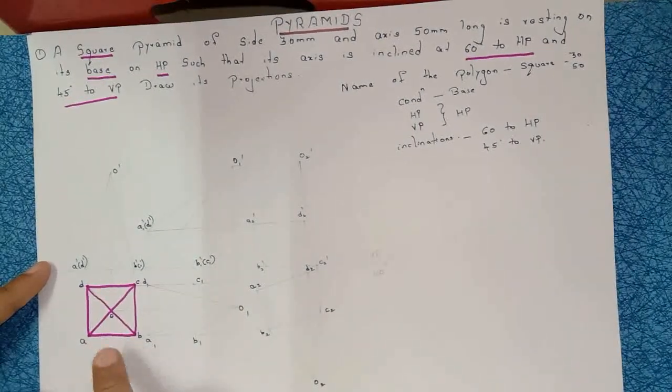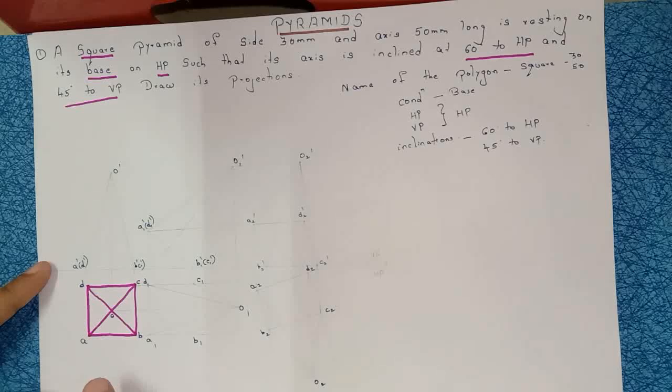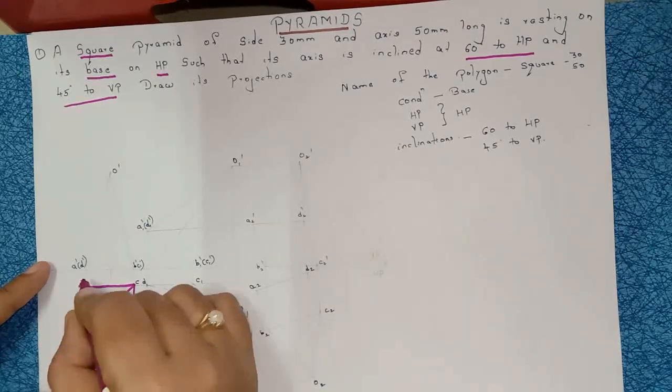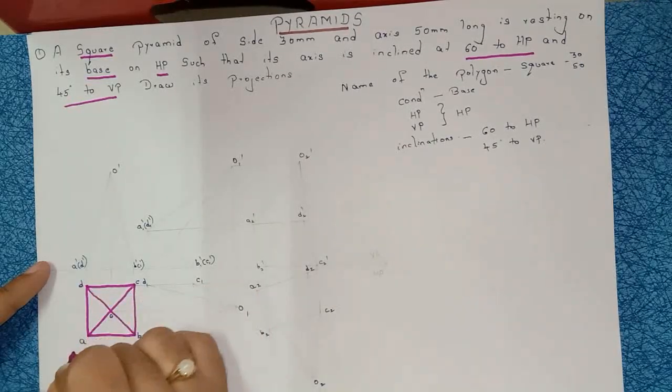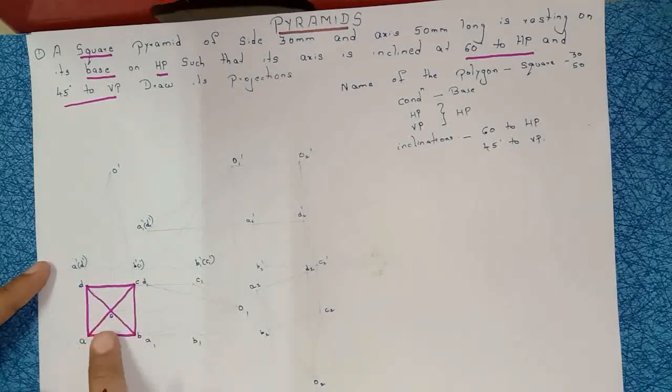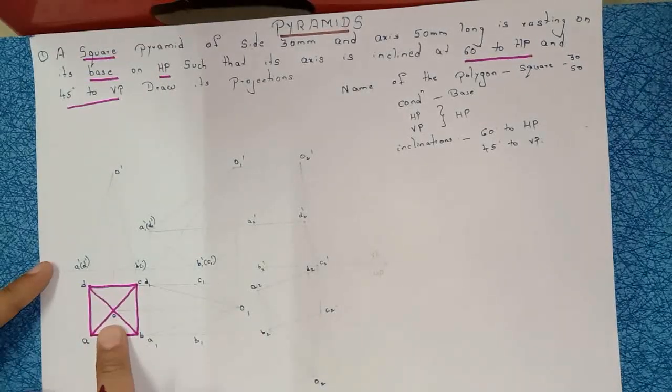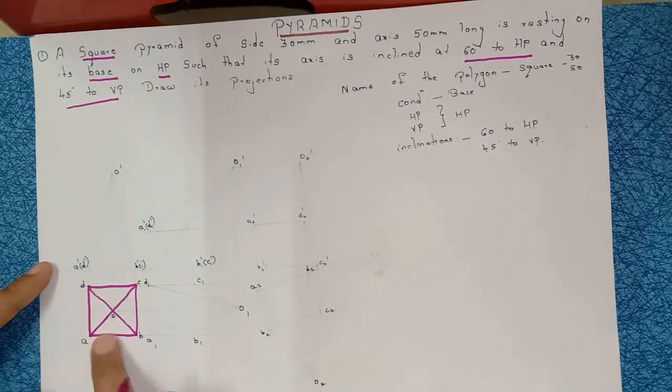Whatever polygon you are drawing here, you definitely have to mark the midpoint. So how to mark the midpoint for a square? Join the diagonals. Name this point as O. Marking the O point is compulsory and important for pyramids.